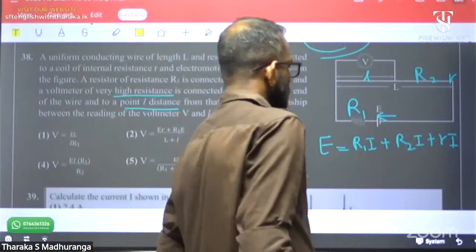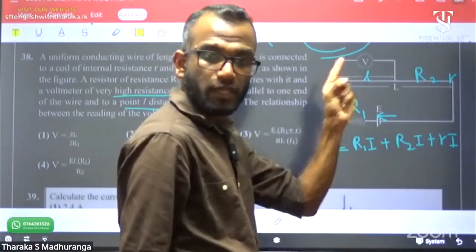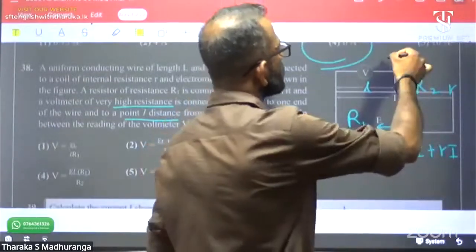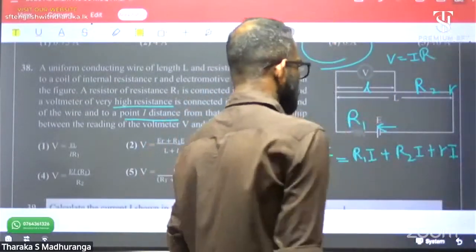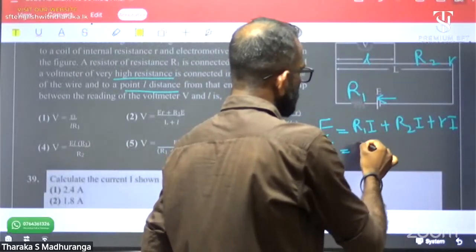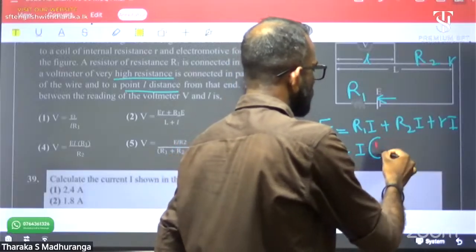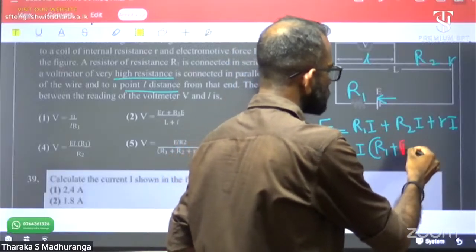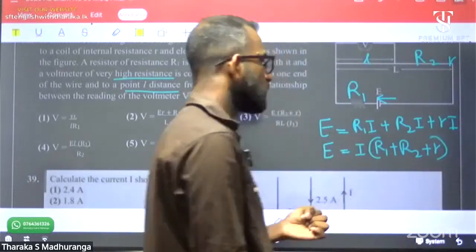Then the question asks the relationship with V. Then we have the equation V equal IR, no? V equal IR. Then we can get I out, E equal I times R1 plus R2 plus simple R, right?